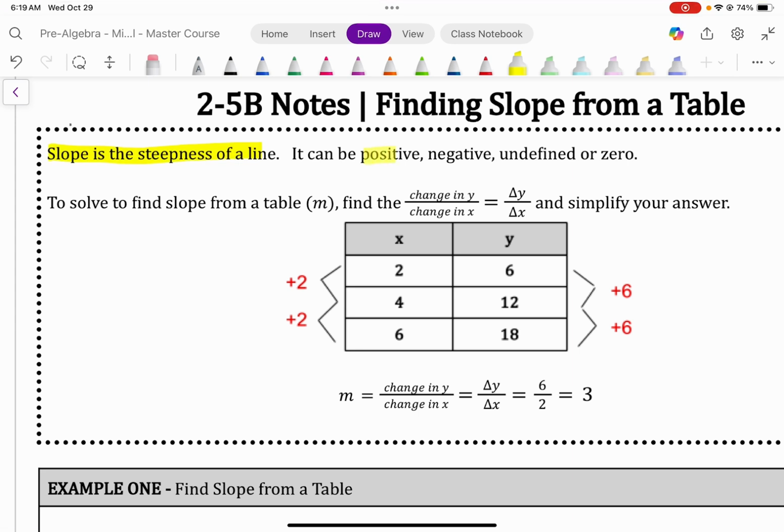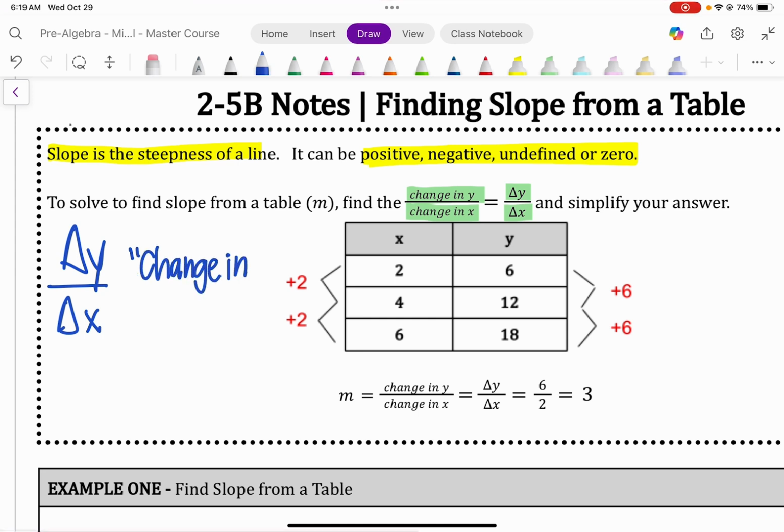It can be these four things, and we'll see what we see today in these tables. To find slope from a table, we're going to find the change in y over the change in x. So when you see this delta, this triangle y, triangle x, that means change in.